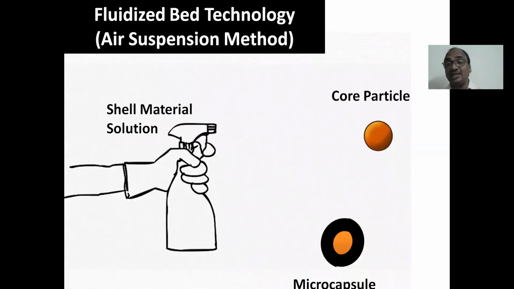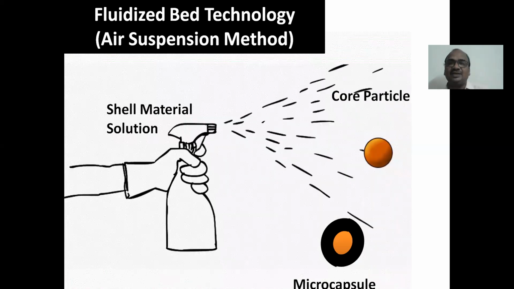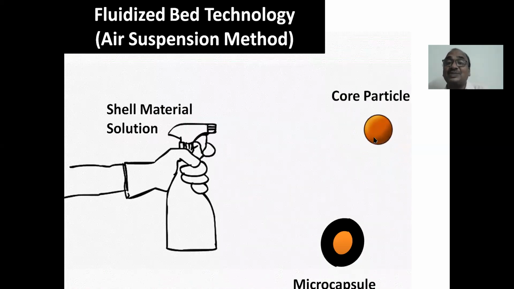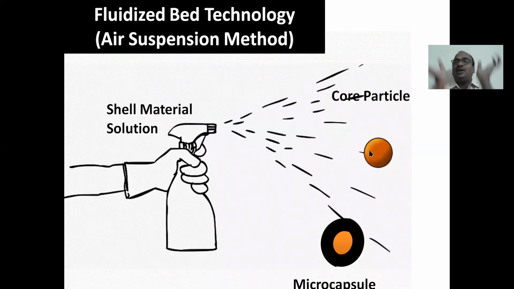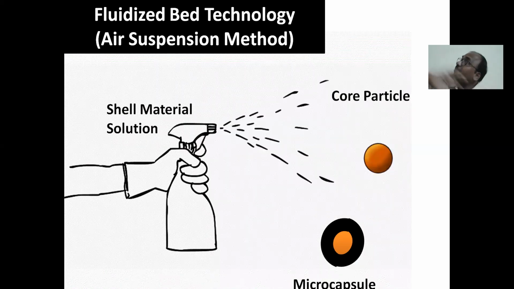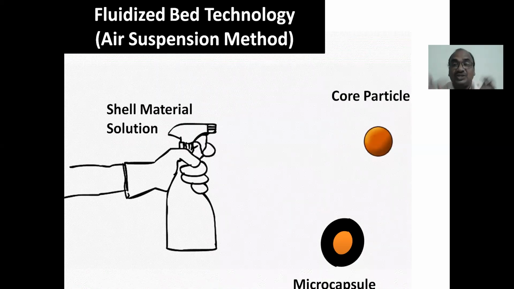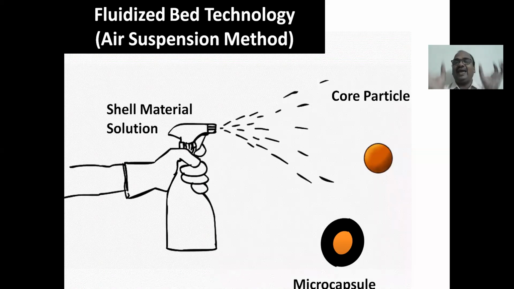Next is another one, fluidized bed technology. Very interesting. Bed means not a sleeping bed, not that bed. Fluidized bed: solids we are converting into fluid, because see here, this is a core particle. We are suspending it in the air, so it will not settle down and it will not be blown out. We are using air in such a way that it is always suspended in the air.